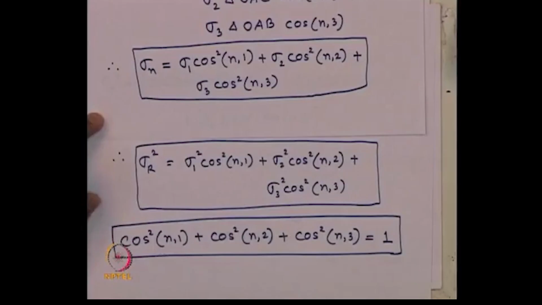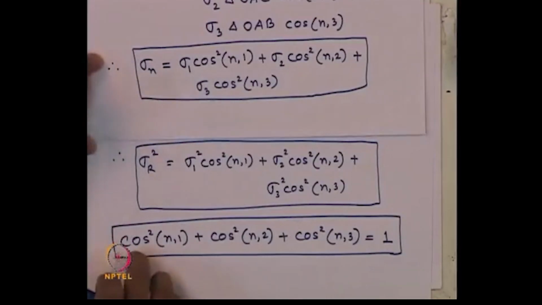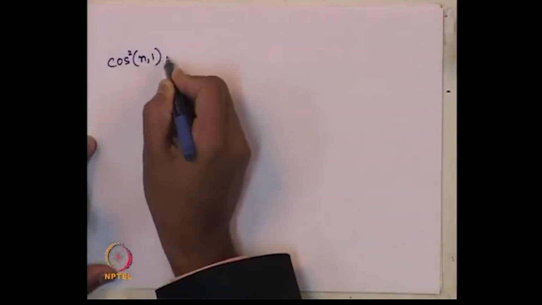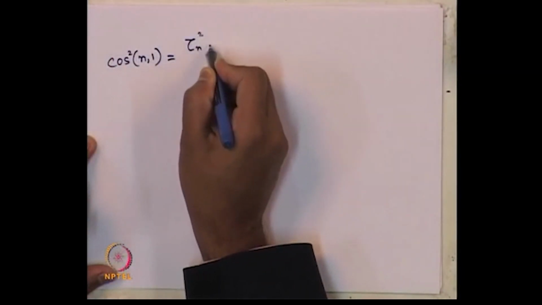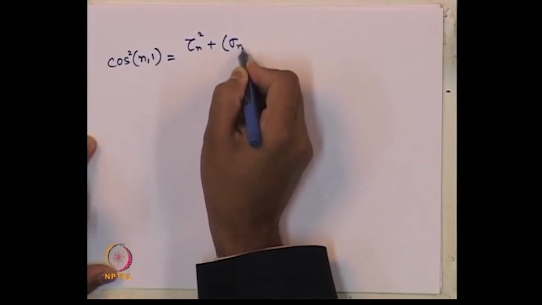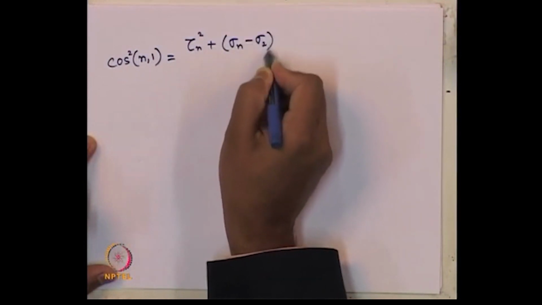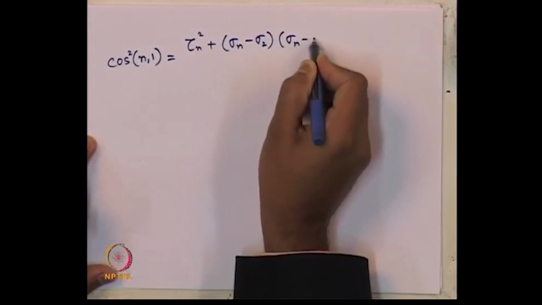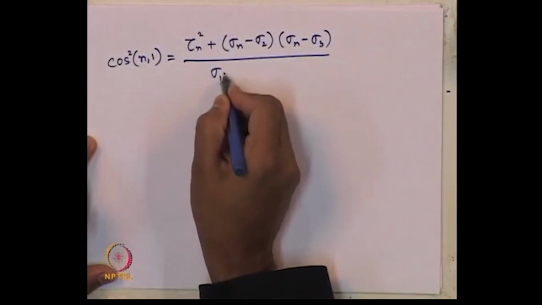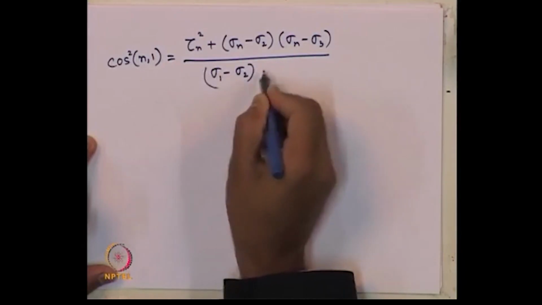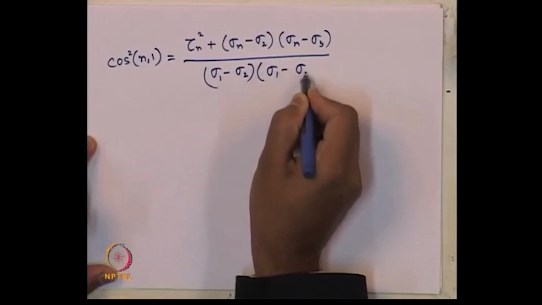Using them, now we can simplify and write that cosine square n1 equals tau n square plus sigma n minus sigma 2 times sigma n minus sigma 3, by sigma 1 minus sigma 2 times sigma 1 minus sigma 3.